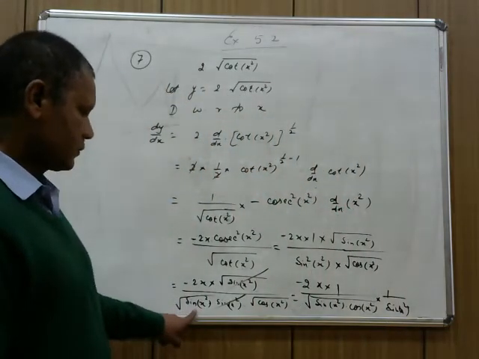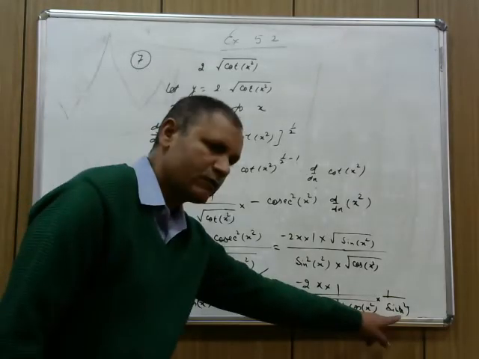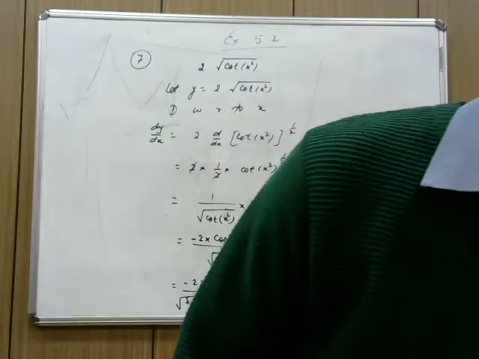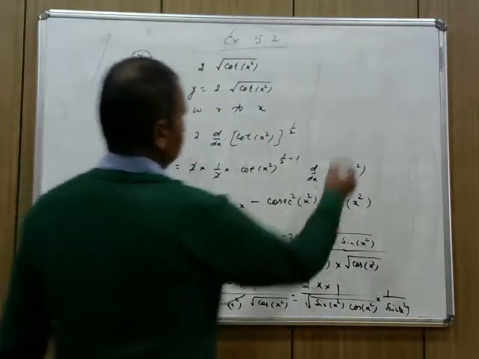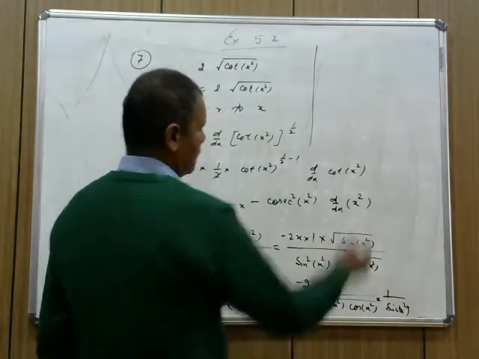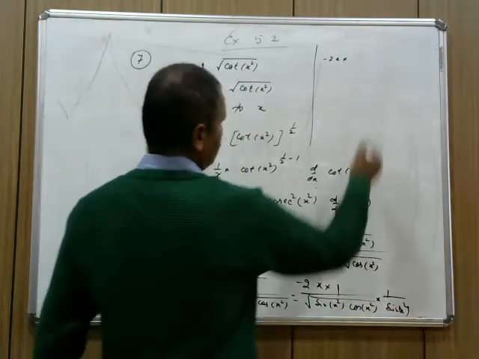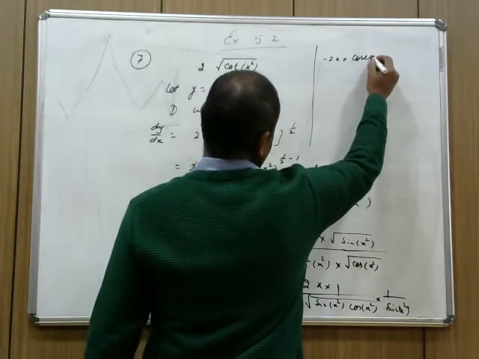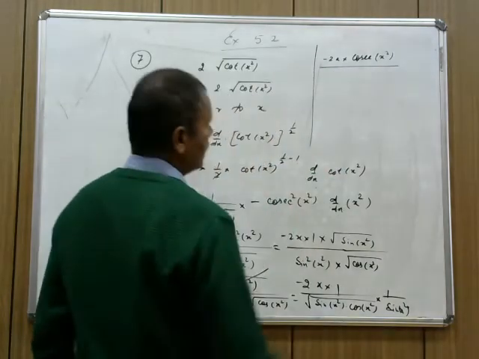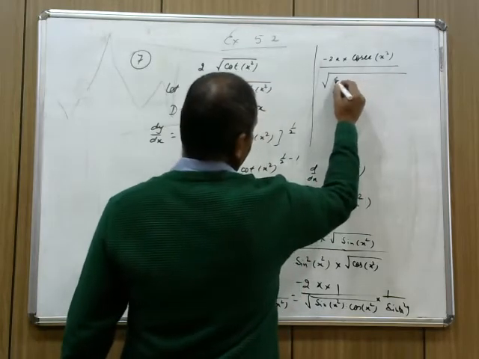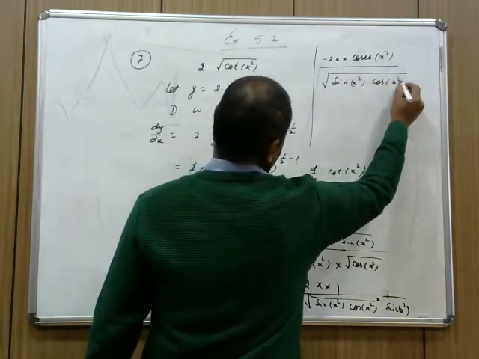Now 1 by sine x square, this can I write now: minus 2x into 1 upon sine x square is what? Cosec x square whole divided by under root sine x square into cos x square.